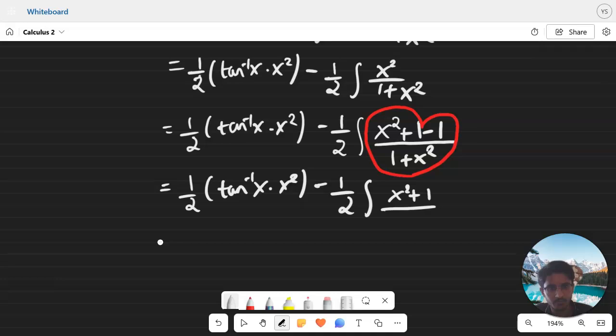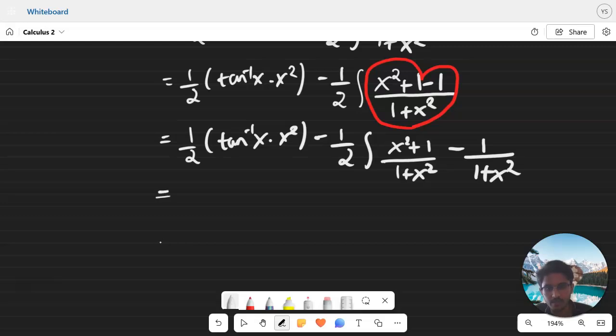It forms kind of a heart shape. We write x squared plus 1 over 1 plus x squared, and minus 1 over 1 plus x squared. Again, this is completely legal to do.